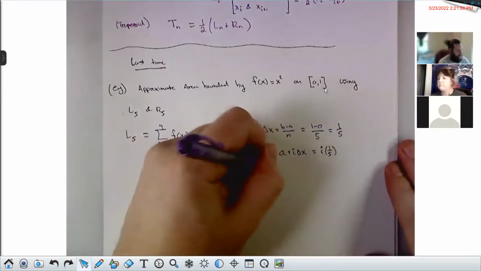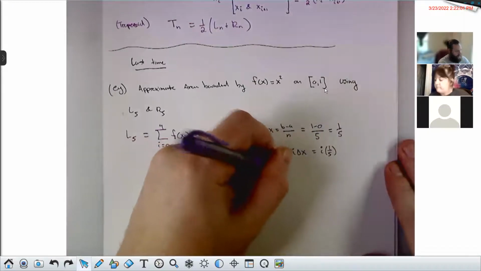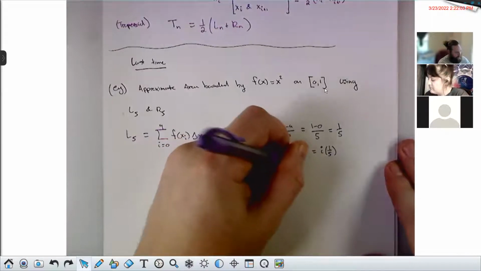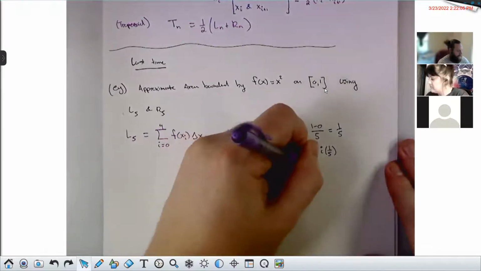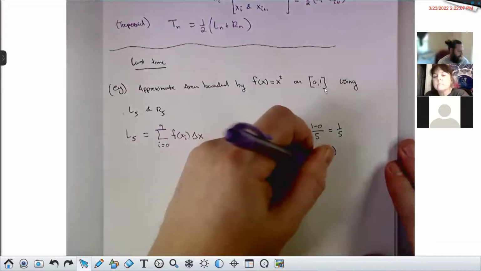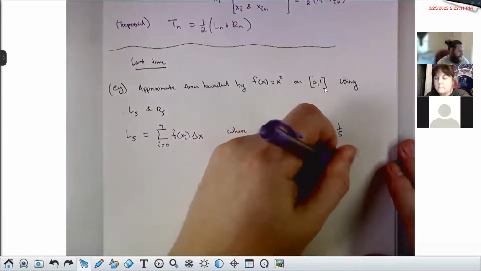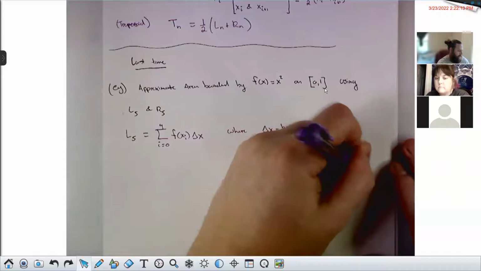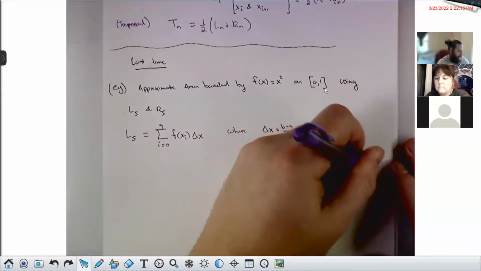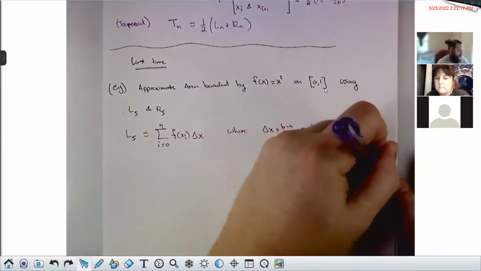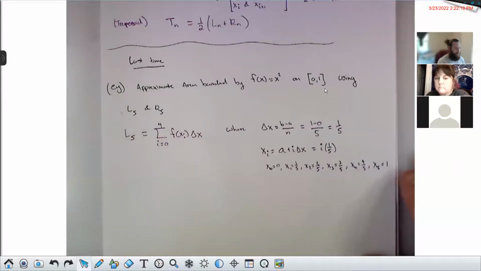So x0 is 0, x1 is 1/5, x2 is 2/5, x3 is 3/5, x4 is 4/5, and x5 is 5/5, or 1. The pictures are great for understanding what's going on, but the calculation is a pretty raw thing.